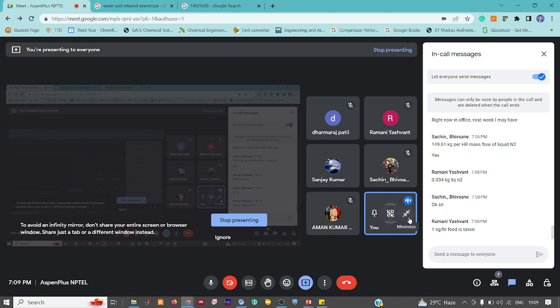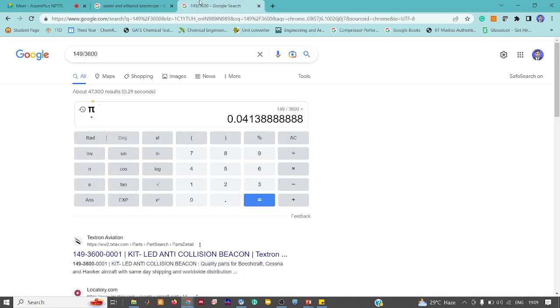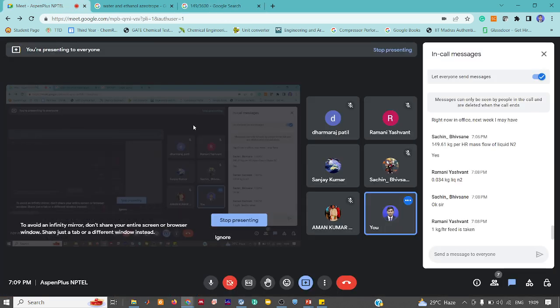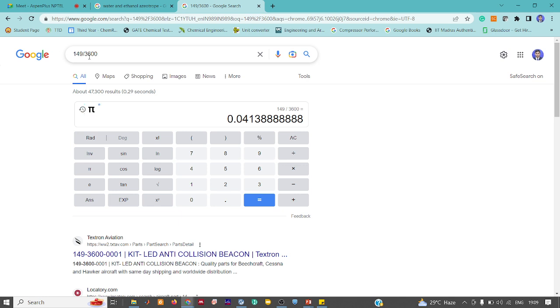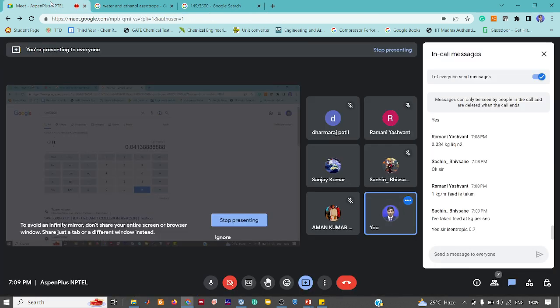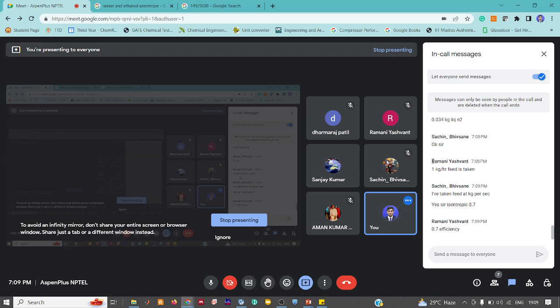Have you taken the same isentropic efficiency, whatever I have mentioned? Some issue here. See, you guys have different answers. It can't be so. Correct, it can be kg per second, but the fraction should remain the same, right? That's why I have divided it by 3600.